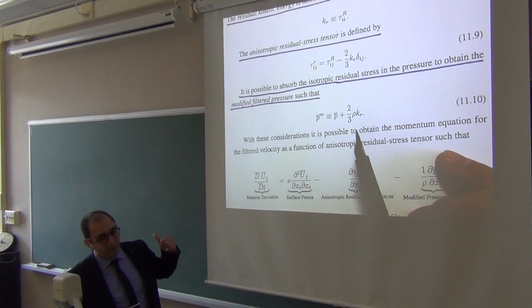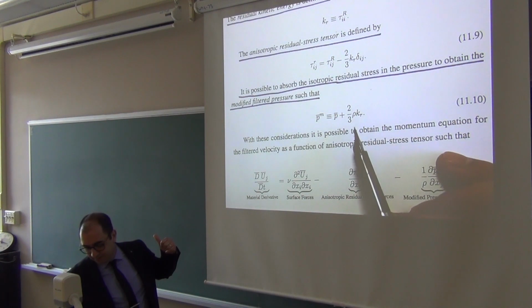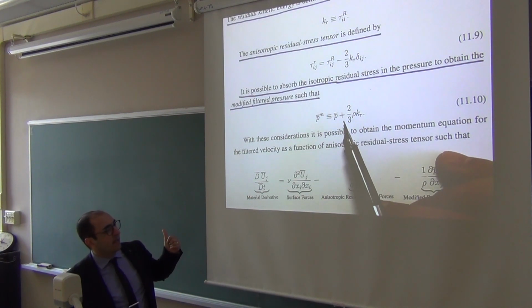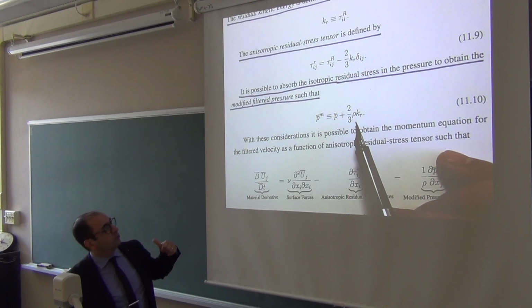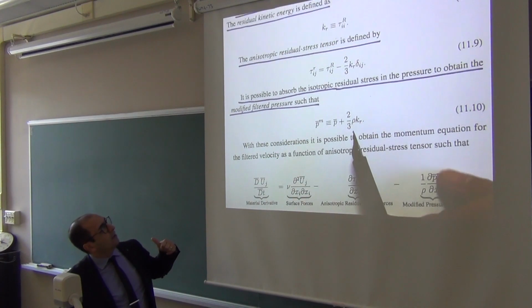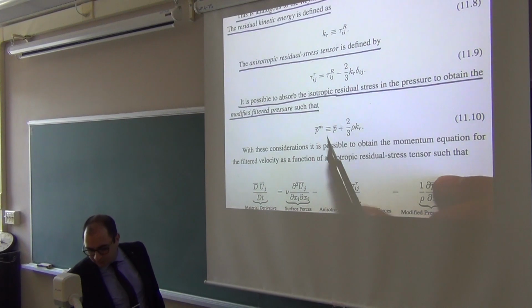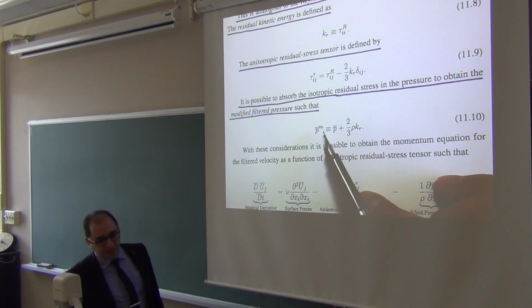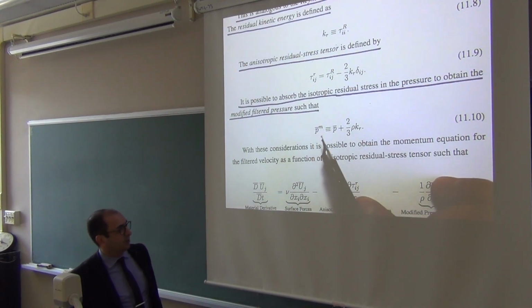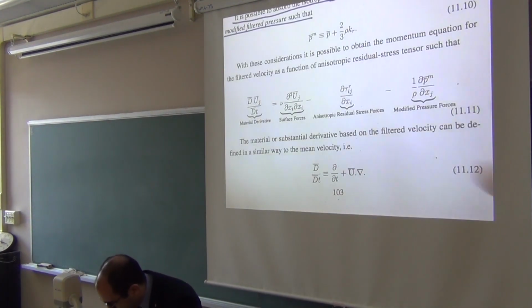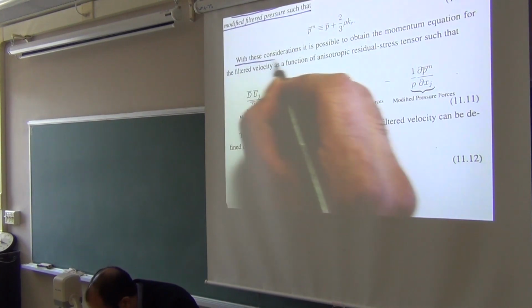Back there I added a fraction of the kinetic energy to it, but here I'm adding a fraction of the residual kinetic energy, and I get the modified filtered pressure. To distinguish the difference, I put a little m here, and an overbar. So this means modified filtered pressure. And then my momentum equation would look like this.